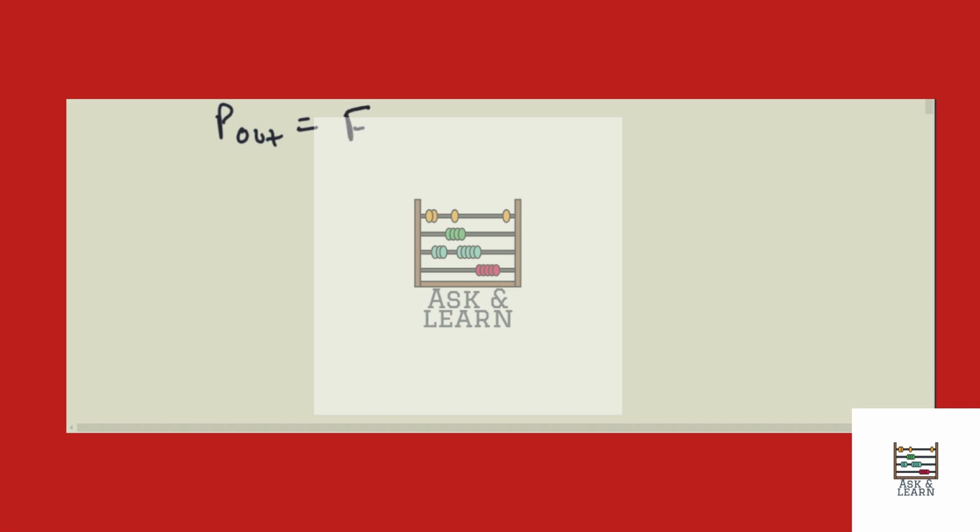is equal to the force that the engine supplies times the velocity of the car. Well, we're given the velocity, but we don't know the force that the engine supplies. So to do that, we draw a free body diagram of the car. So the car is at an incline, so that means the weight of the car is straight down.